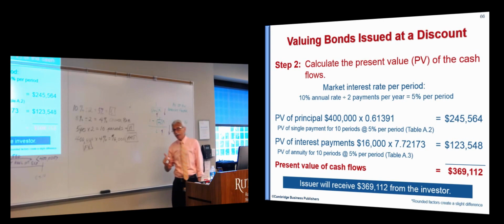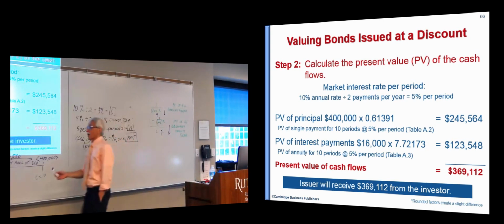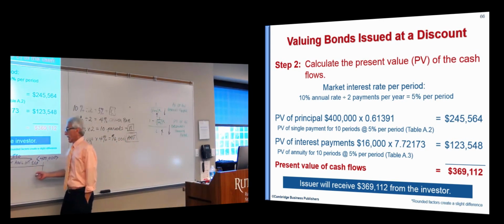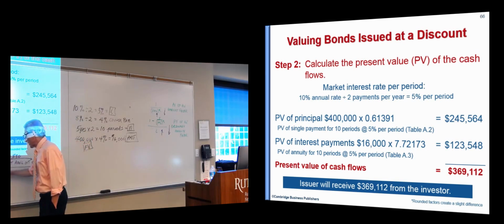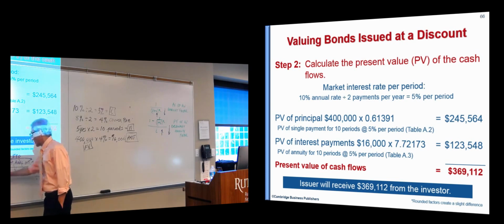So not only do I have to give you $16,000 every period, I also need to give you another $30,880 when the bonds mature. So the cost of borrowing goes up. Now, in theory, we paid in cash at that point, but we're going to amortize that bond.